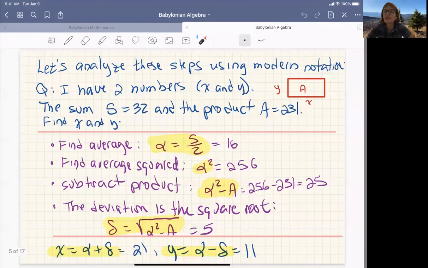But now what I want to do is look at this from the perspective of a modern person. That means I'm allowed to use algebraic notation, and that's going to make my life easier, and it's going to help me understand why these steps work.